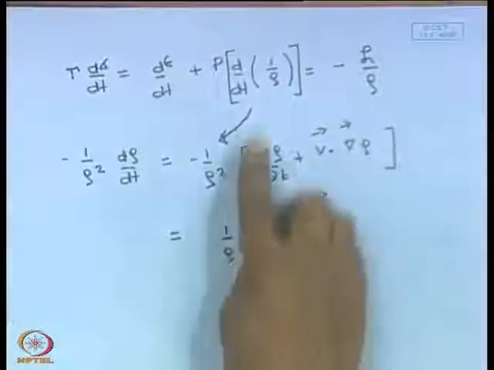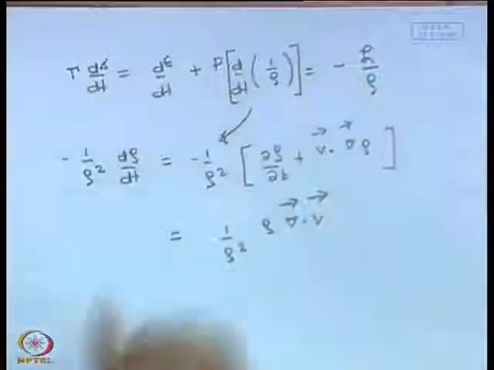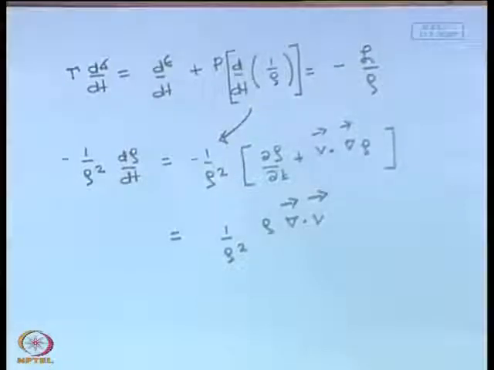So now I can plug this back in here and multiply it throughout by rho, and what I get at the end of the day is the following equation.